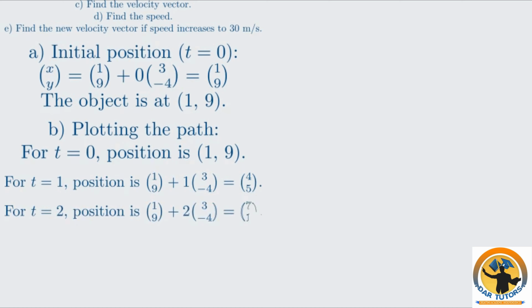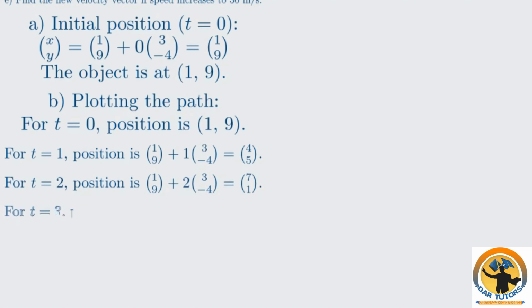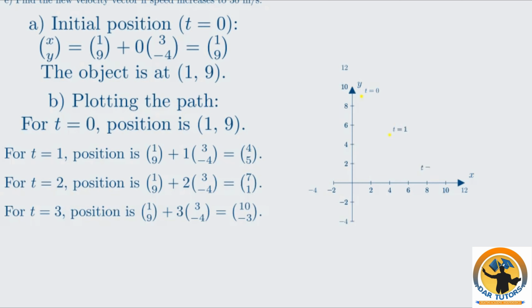At 2 seconds, it's at 7, 1. And for t equals 3, we get 1, 9 plus 3 times 3, negative 4, which is 10, negative 3. At 3 seconds, it's at 10, negative 3. If we plot these 4 points on a graph and connect them, we can see the straight line path of the object. This visual confirms our understanding of constant velocity motion.